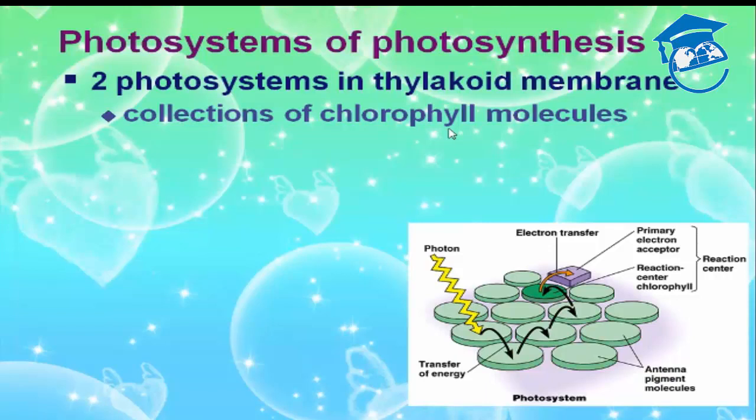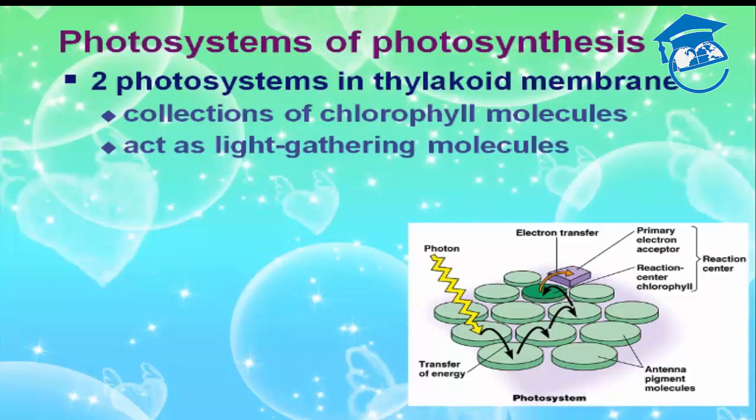A photosystem is just a collection of chlorophyll molecules which are also known as antennae pigment molecules, students. It acts as light gathering molecules, that means it attracts the photon which is coming from the sun. As I told you, there are two types of photosystem.